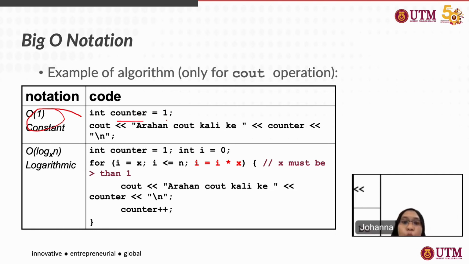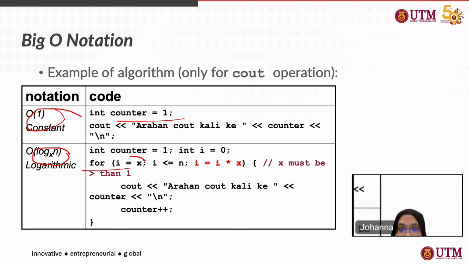Now let's look at the O(log n base x) here. The keyword is base x. When we want to calculate the number of steps and categorize which notation it belongs to, the first thing is that we must look at the for statement.